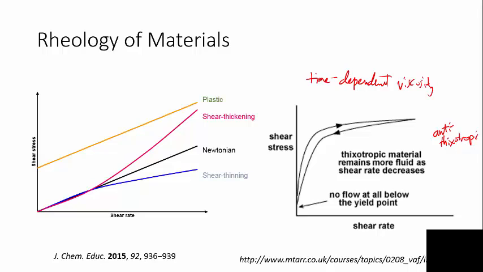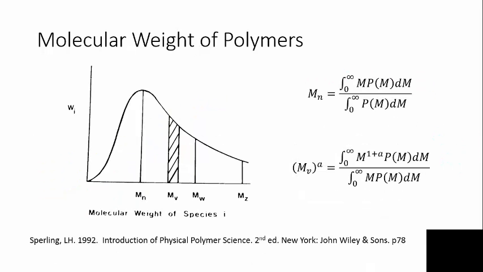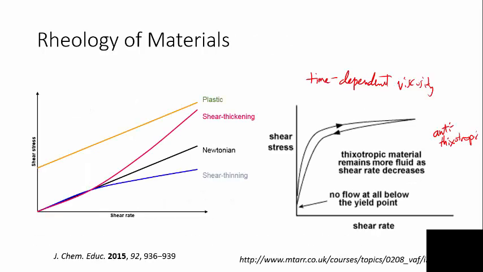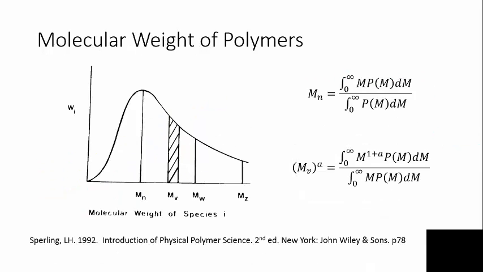An example of that would be bread dough. The more you work it, the thicker it becomes, or the harder it becomes to move, the more viscous it becomes over time. Okay, so you're going to work with a household material and make graphs like this in order to characterize, is it a plastic, is it Newtonian, is it non-Newtonian, that sort of thing.